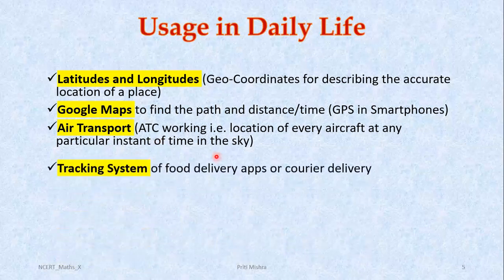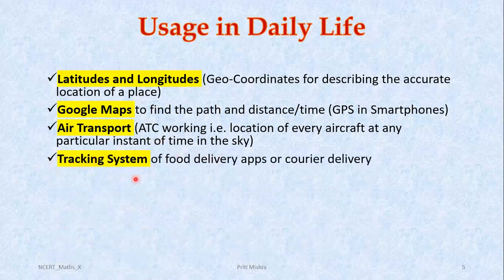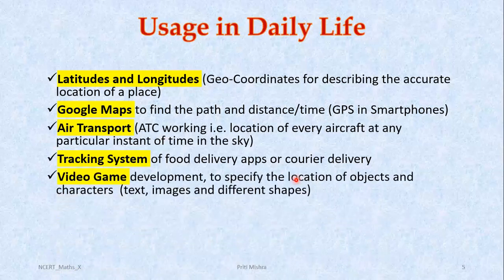Again, in tracking systems, mostly we are using nowadays many food delivery apps like Zomato, Swiggy, courier delivery apps like Blue Dart, and many shopping sites, Amazon, Flipkart, Myntra, all these are working on the live tracking system, which is basically based on geo coordinates.